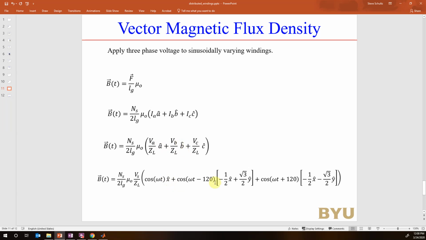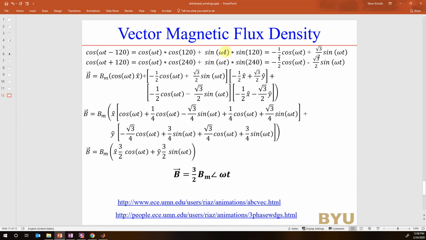My B vector is this one, so this is my 120 degree spatial winding axis. Then my C is going to be this. So you see I'm taking my A voltage times my A spatial vector, my B voltage times my B spatial vector, and my C voltage times my C spatial vector.